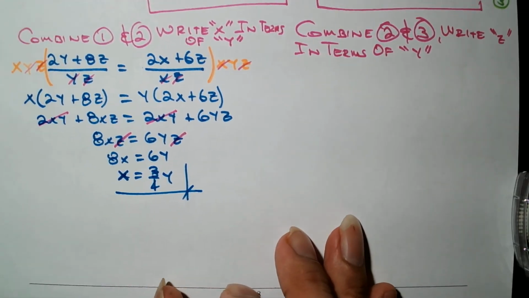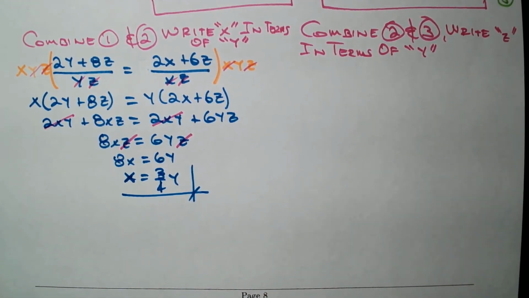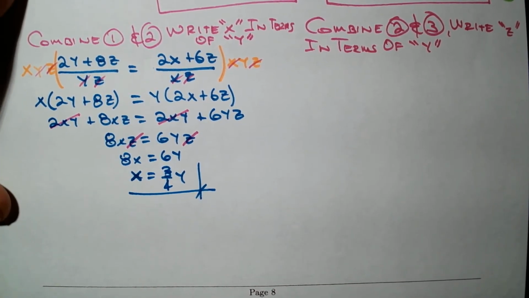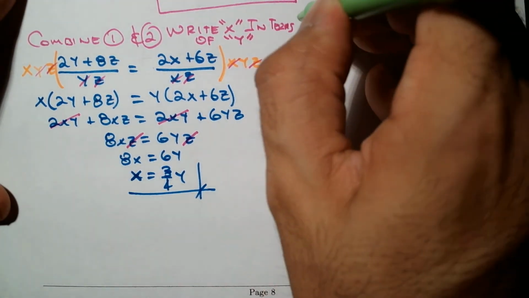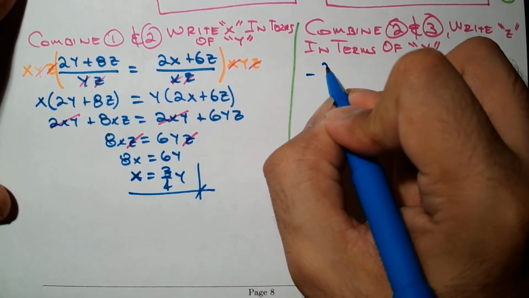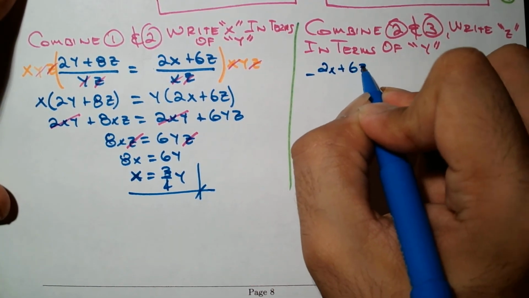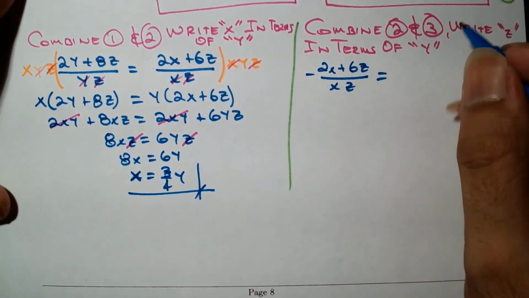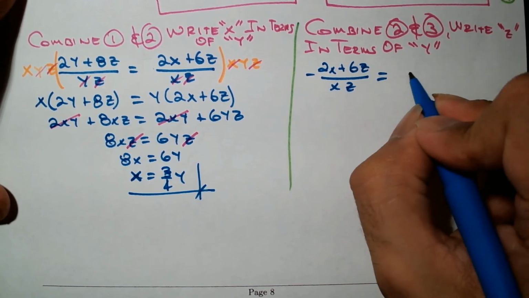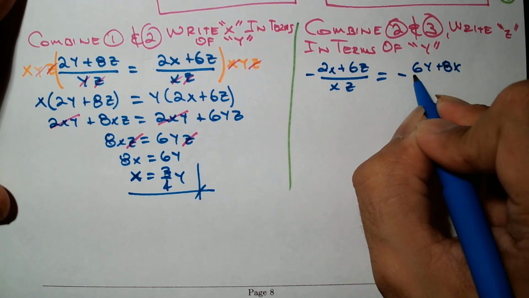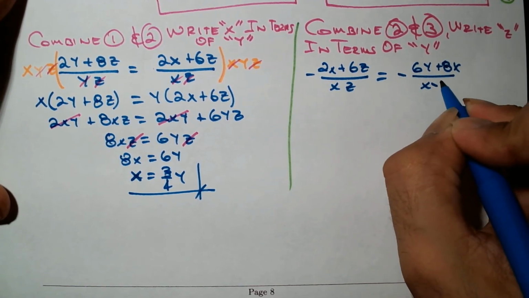I'm going to leave it this way over here so you can see the whole thing. So let me put a bar over here. I'm going to combine negative 2x plus 6z divided by xz equals negative 6y plus 8x over xy.